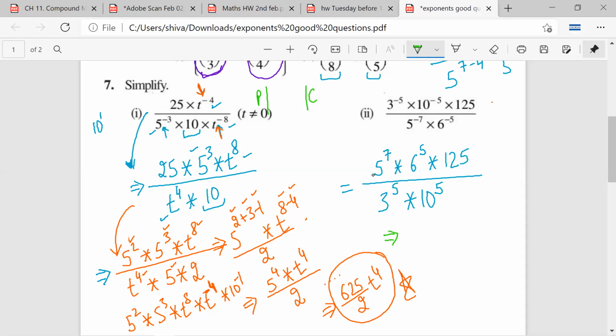And then I see that this 6 can be written as 3 into 2. This 10 can be written as 5 into 2. This 125 can be written as 5 cube. This is what I'm saying. Swaraj, have you understood? Yeah. Anuji, any doubt? No, sir.